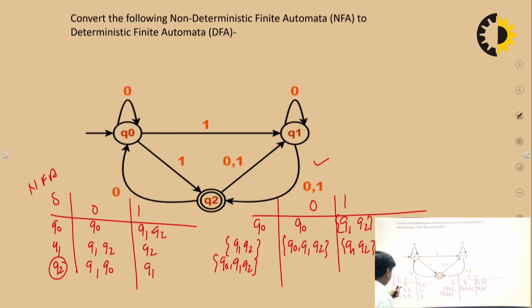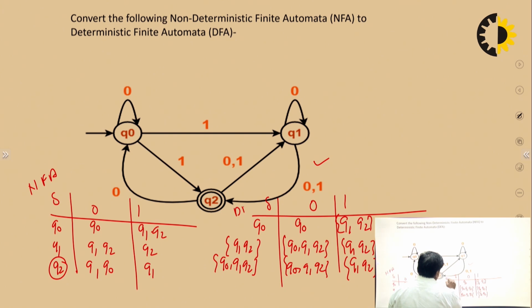Here on 0 is Q0, Q1 and Q2, the same Q0, Q1 and Q2. Here on 1 is Q1 and Q2. Now no new state is generated. So this one is the transition table of the DFA. This is the very simple method by which we convert any NFA into a DFA.